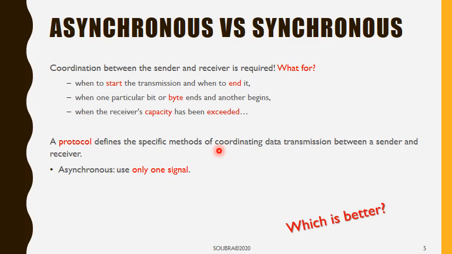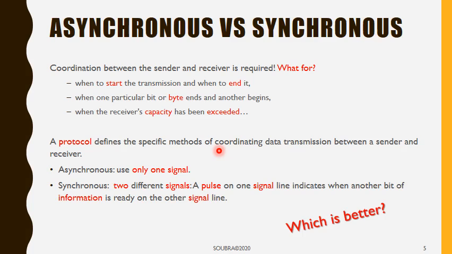I mean, one medium, one wire to send the data, to vehicle the data. Or synchronous in that case, we need two different things. One, to have the pulse, also known as the clock, right? And the other one is the wire that vehicles the data itself.